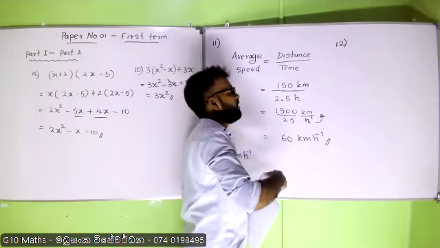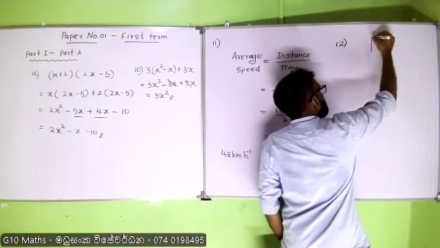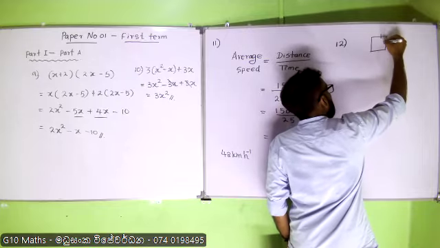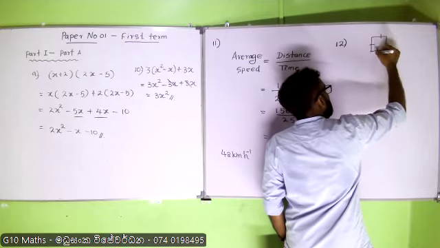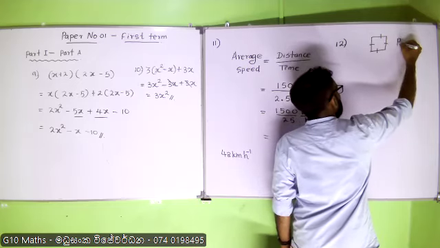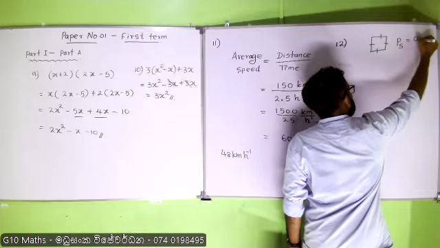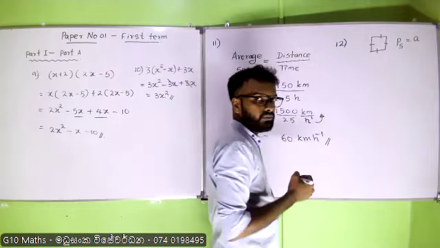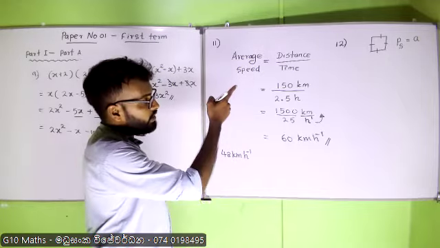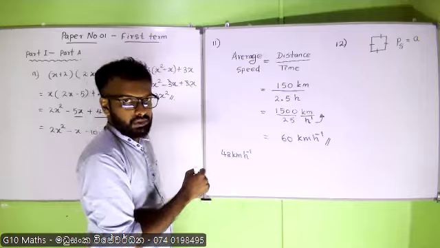So you need to understand this. The perimeter of a small square has been given. Perimeter of a small square is simply a units.